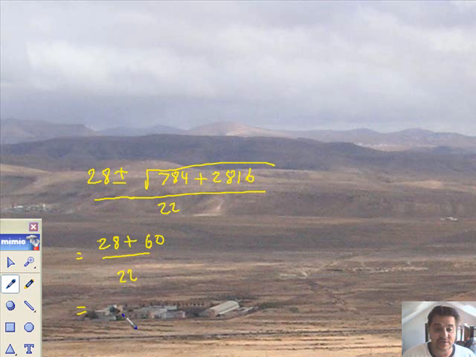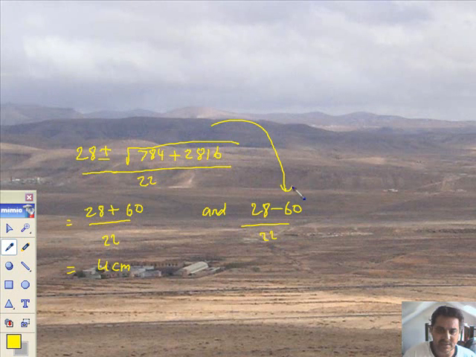I've got an answer of exactly 4 centimetres, so x is exactly 4 centimetres. Let's just do the other one, 28 minus 60 divided by 22. Remember, all this part here came to 60 as it turns out.